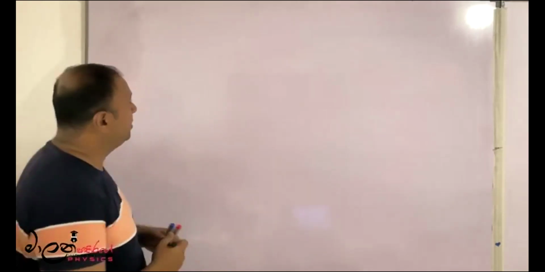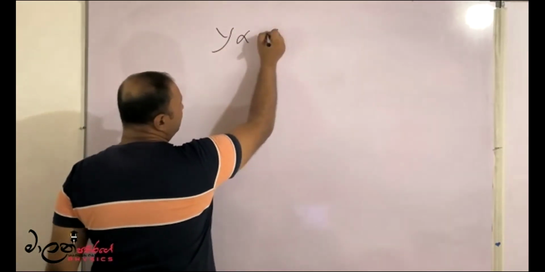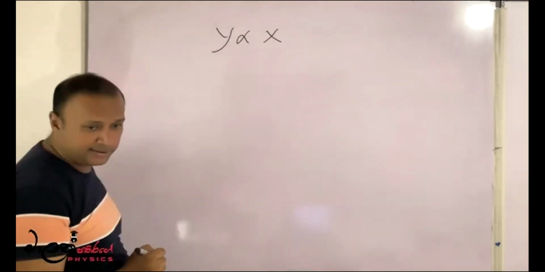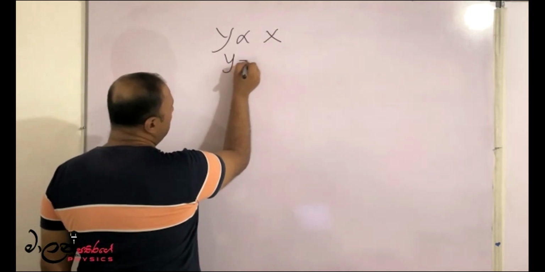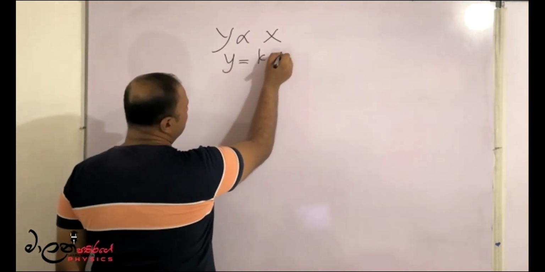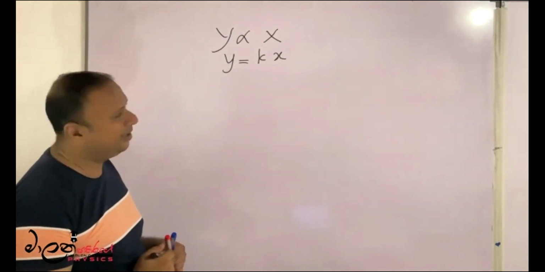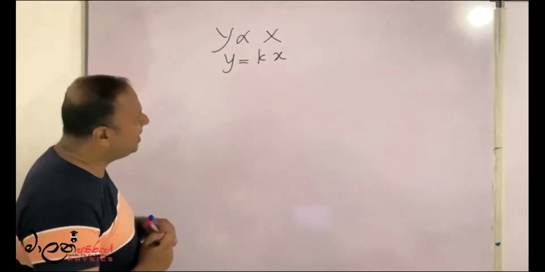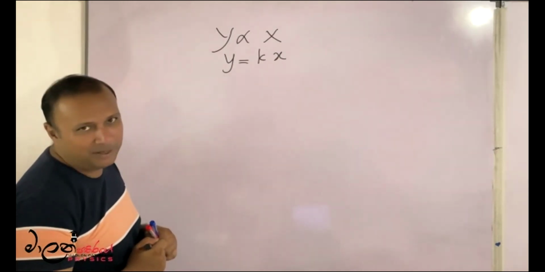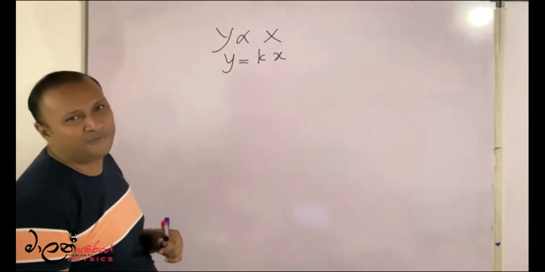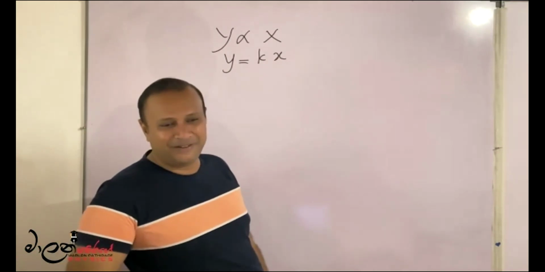Suppose y is directly proportional to x, then I can write y equal kx. Can you remember this kind of graph pattern?